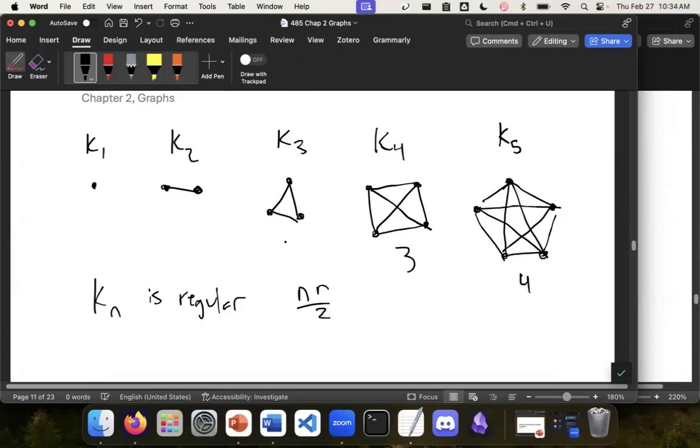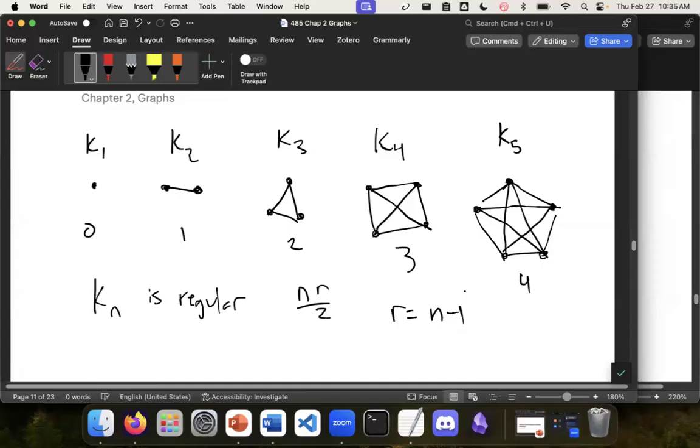What's r for K3? 2. R for K2? 1. R for K1? 0. So what do you notice about the relationship of n and r? Yeah. R is n-1.